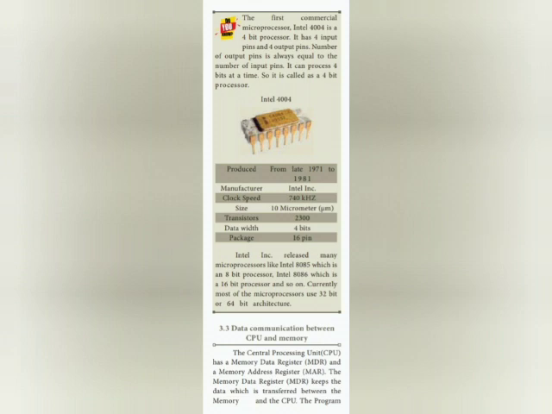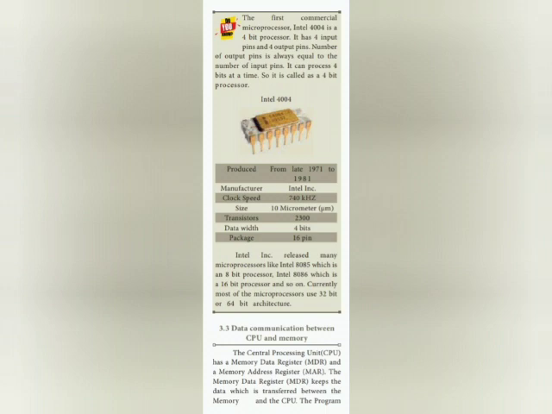Intel released many microprocessors, like Intel 8085, which is an 8-bit processor, and Intel 8086, which is a 16-bit microprocessor. So on. Currently most microprocessors use 32-bit or 64-bit architecture.